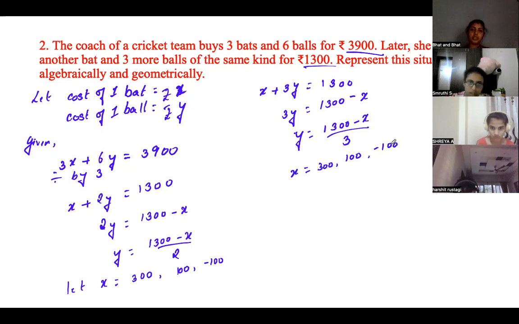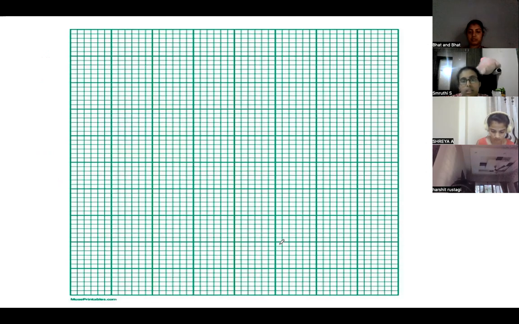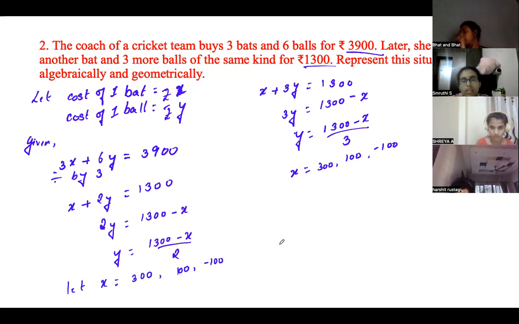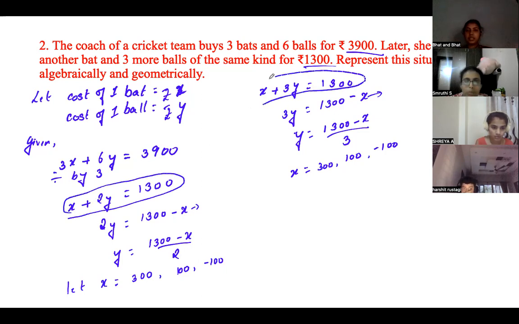Okay. Now, looking at the two equations, can you tell me what type of graph it will have? Look at these two equations and tell me what the graph will be. Here you can tell whether it is coinciding, intersecting, or parallel.